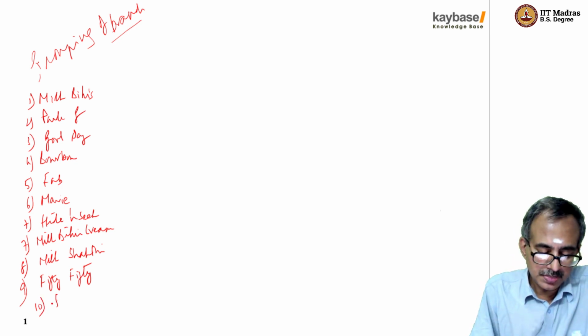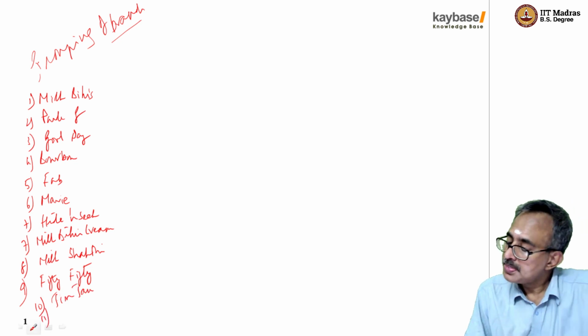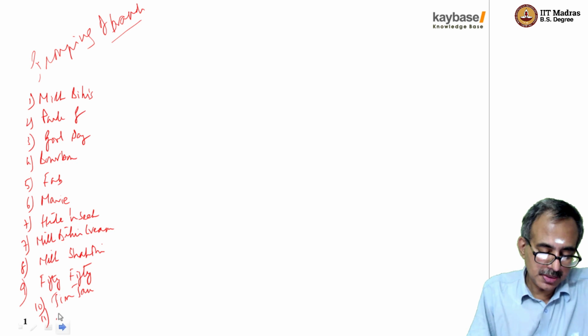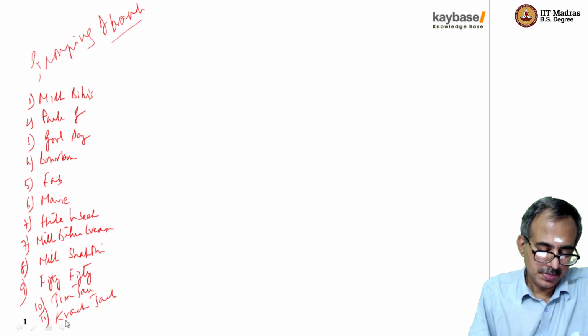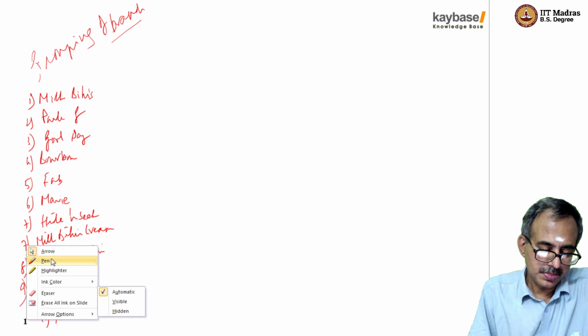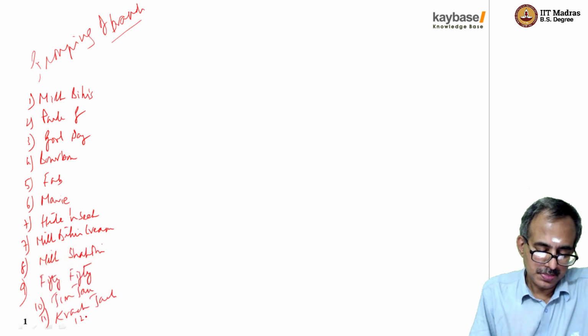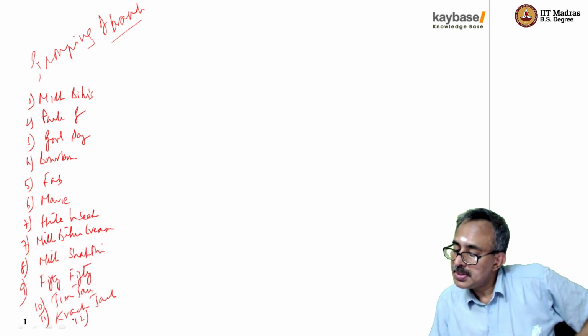What have I missed out? I know I have 12 brands to begin with. What are the 12 brands?